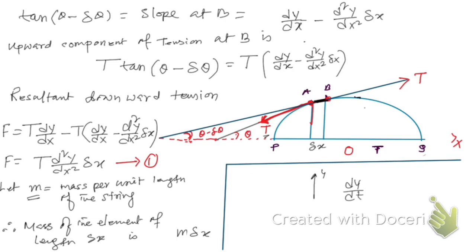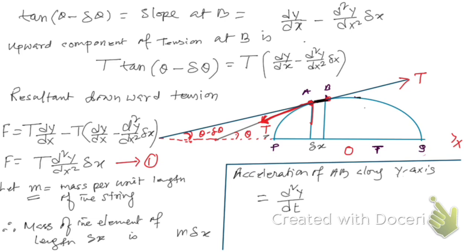We have to differentiate displacement with respect to time t, and to find the acceleration, we again differentiate the velocity with respect to time t. Then you get the second order derivative of y with respect to t. So the acceleration of AB along the y axis will be given by the second order derivative of y with respect to time t.